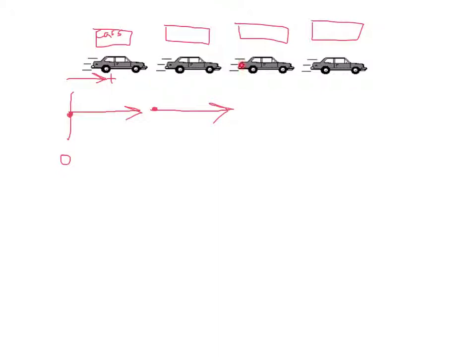Now, we have the car at this position. So what do we do? Another dot with another arrow to indicate it is still doing what it was doing before. And now another dot for the last position of the car with another arrow.